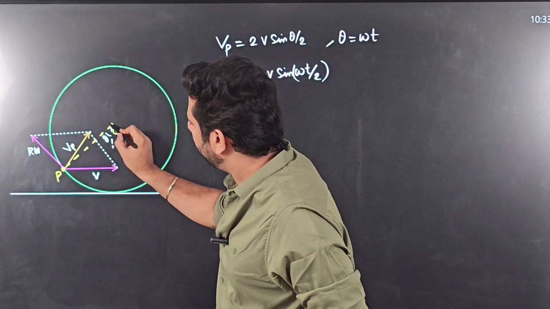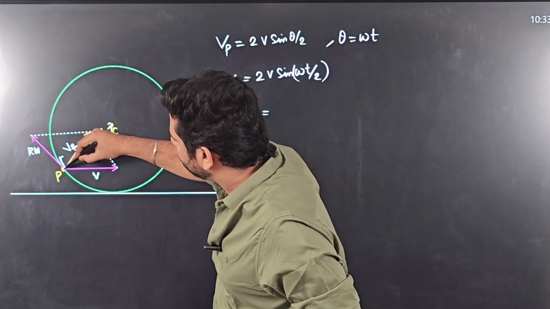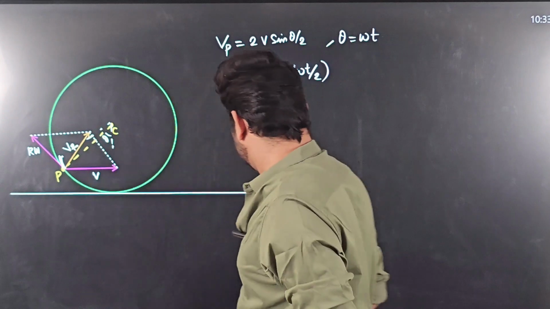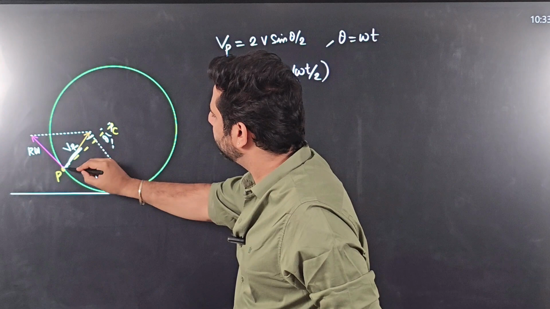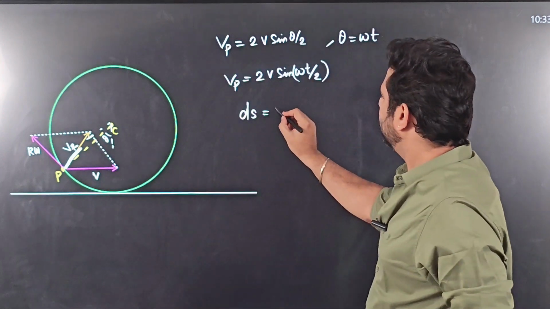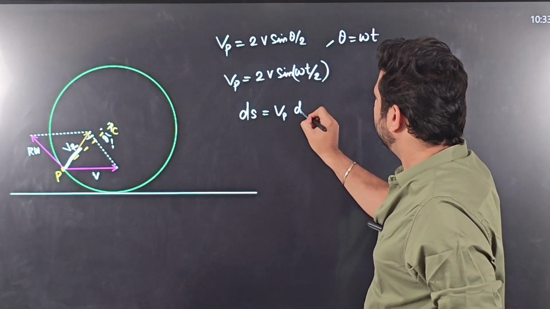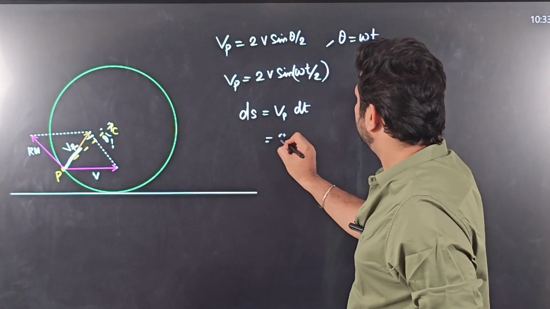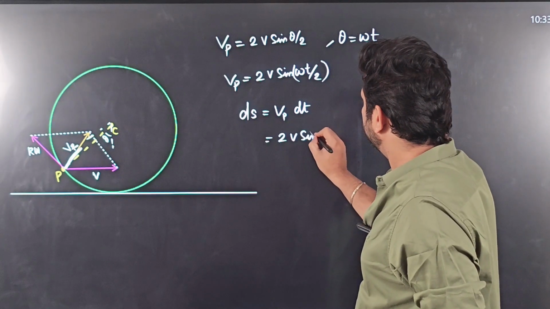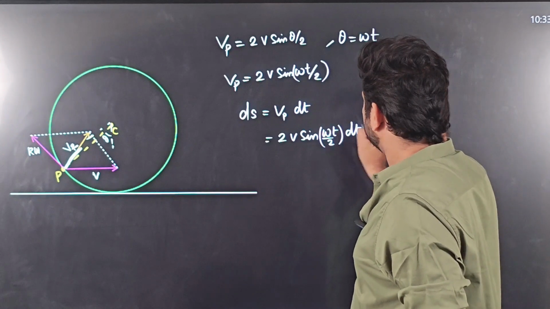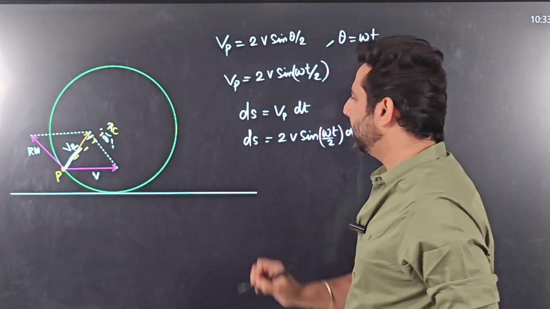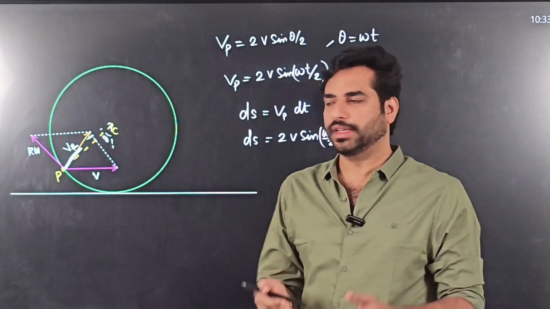In that small interval of time, this point P has traveled a very small distance in this direction. So ds is equal to Vp into dt, that is equal to 2V sine omega t by 2 into dt. That is the small distance traveled by point P in time dt.